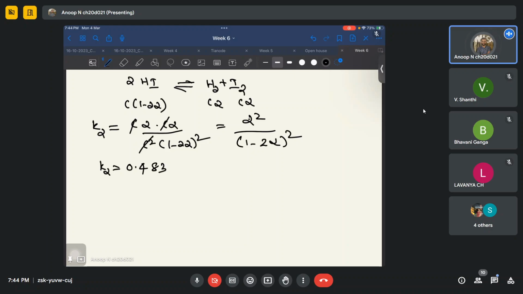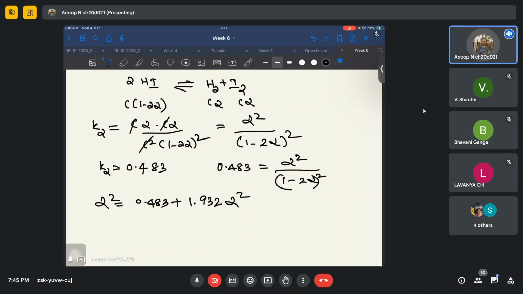How can I write 0.483 is equal to alpha square divided by (1 minus 2 alpha) whole square. It can be written as alpha square is equal to 0.483 times (1 plus 4 alpha square minus 4 alpha).